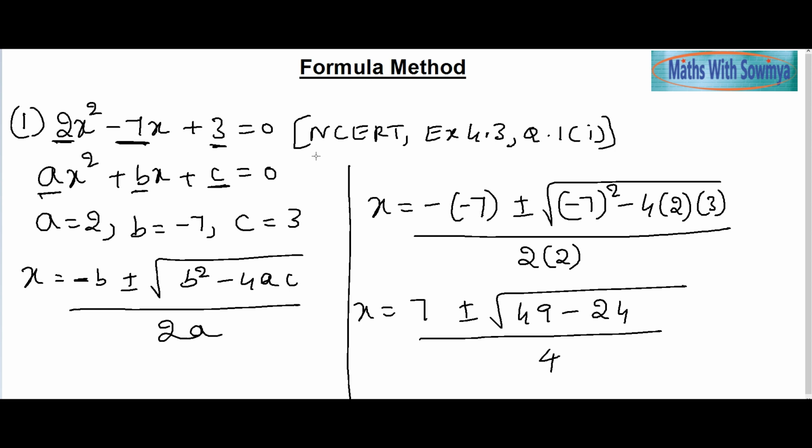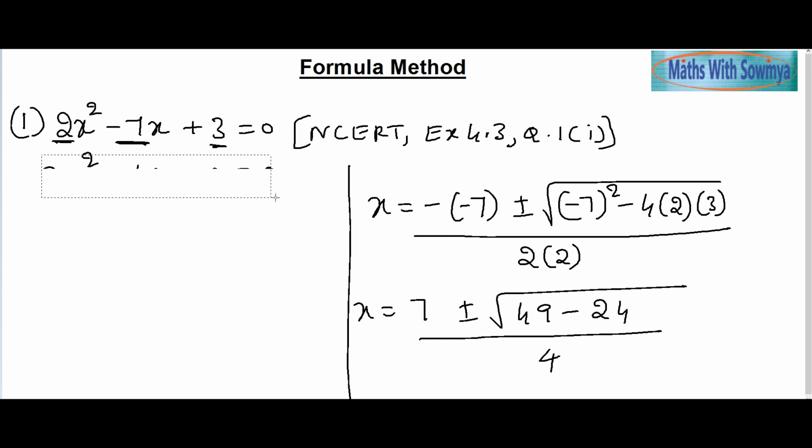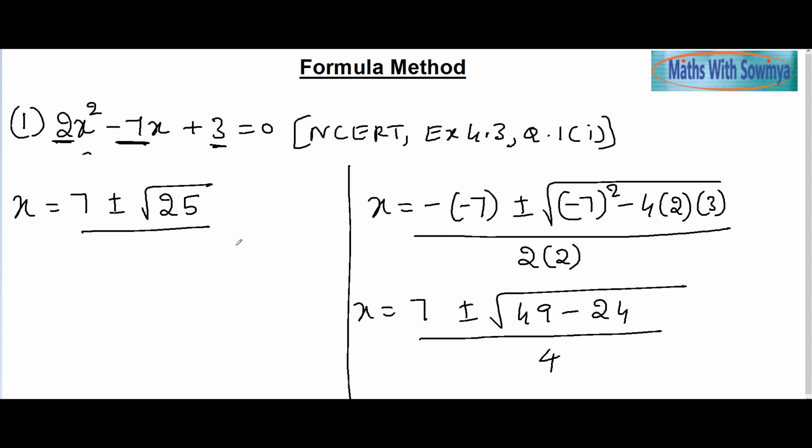So what we will get here? x is equal to 7 plus or minus root 25 divided by 4. x is equal to plus 7 plus or minus root 25, we get 5, divided by 4.